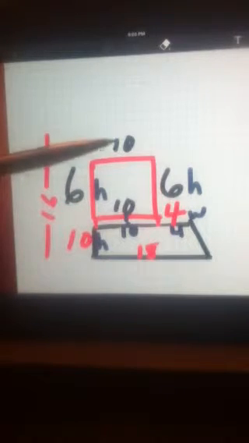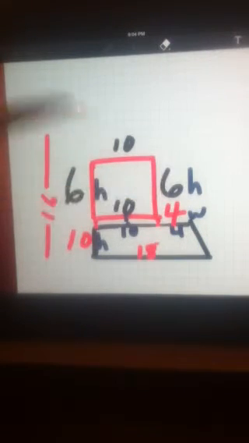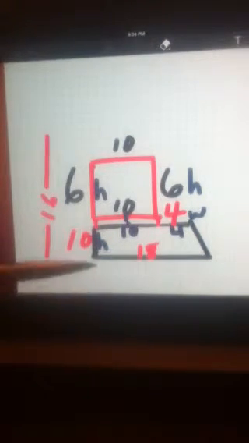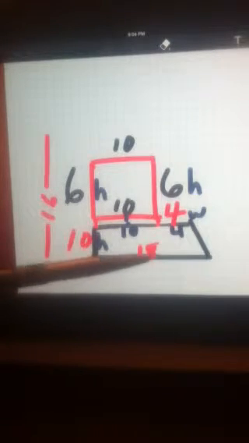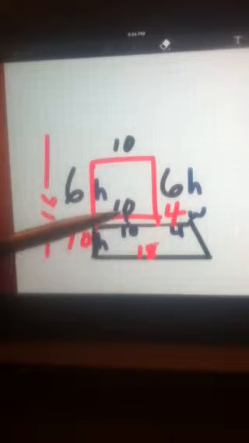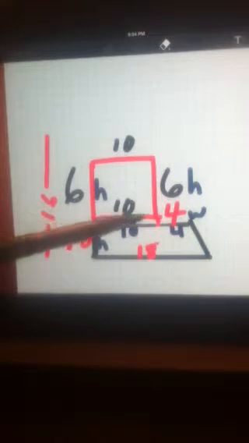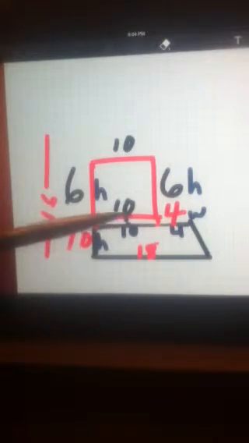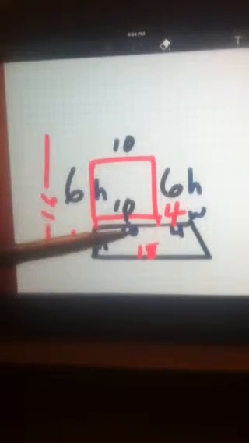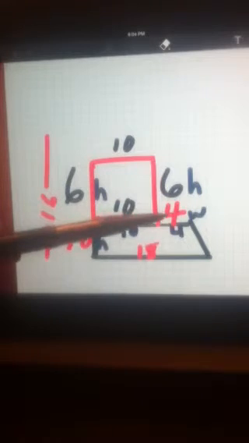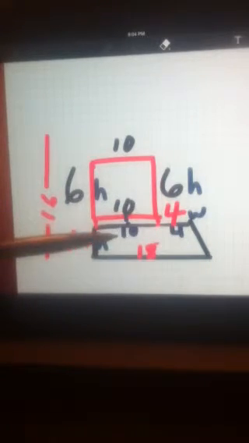They gave us this number and this number, and we just know that because it's a rectangle, opposite sides are congruent. So now we know that this base here, which is base 2 of the trapezoid, was given, which is 18. And we know that this base here of the rectangle is the same as this length right here, which is 10. And the 4 that they gave us would make up base 1 of the trapezoid.